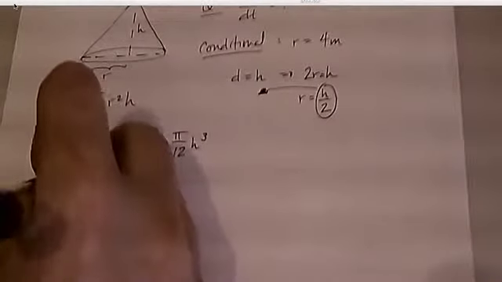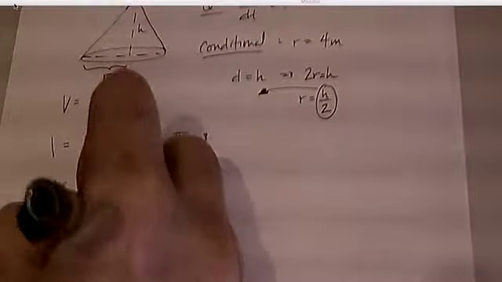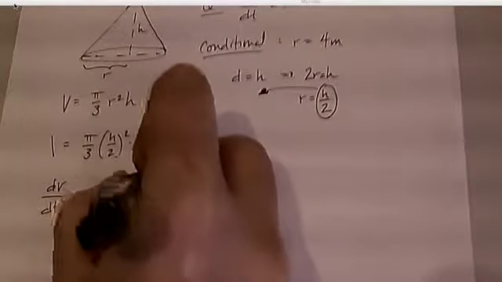So V is equal to pi over 3 times (h over 2) squared times h, which gives me pi over 12 h cubed. So if I differentiate this with respect to time, I'm going to get pi over 4 h squared dh/dt.